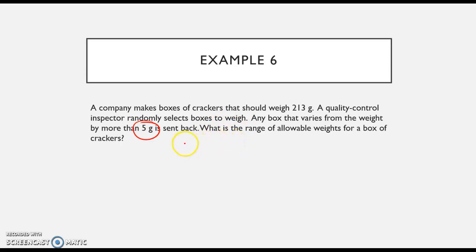So we should be 213. I'm going to subtract my actual weight. And so positive or negative, we're just going to do the absolute value of that. And then any box that is more than 5 grams is sent back, so we want to be less than or equal to the 5 grams.